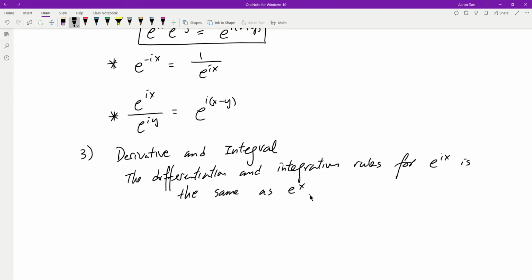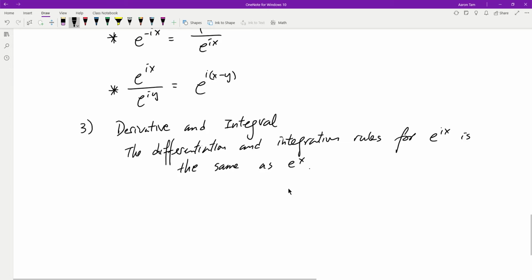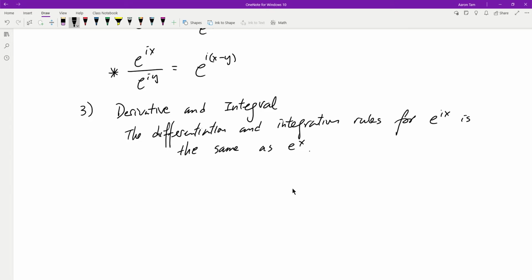So how does that work? Let me show you. Let's say I want to take the derivative of e to the ix. Let's differentiate d over dx of e to the ix.